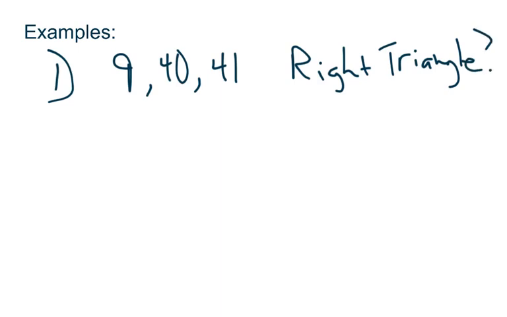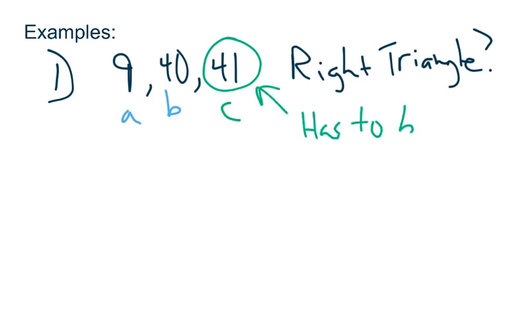So what we do is we let a and b be the two smaller ones, and the big thing that we really have to keep in mind here is that the biggest one has to be c. So this one has to be c. And then we just see if it's true.